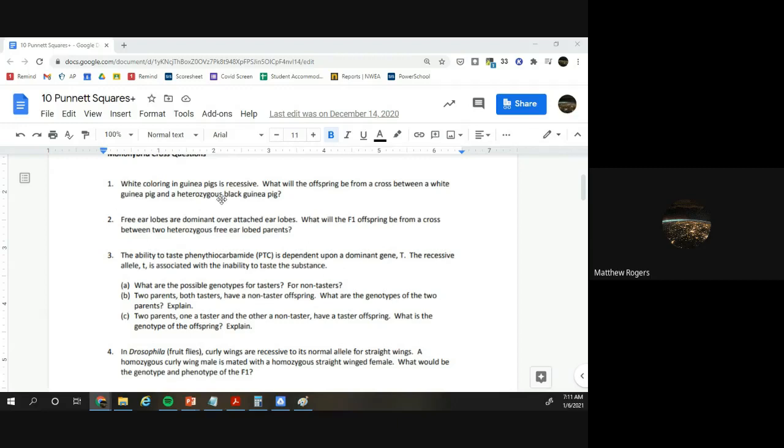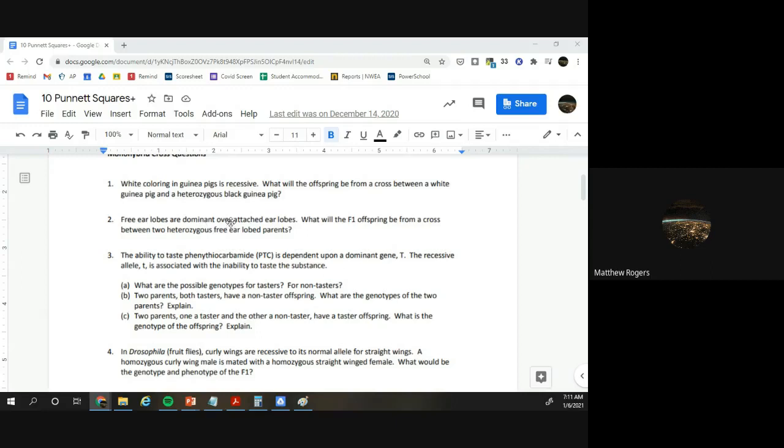Heterozygous means one dominant, one recessive, and it's black, and in heterozygous the dominant wins, so big A must refer to being a black guinea pig. So big A, little a crossed with little a, little a, you should find that 50% of their offspring is white and 50% of their offspring is black.